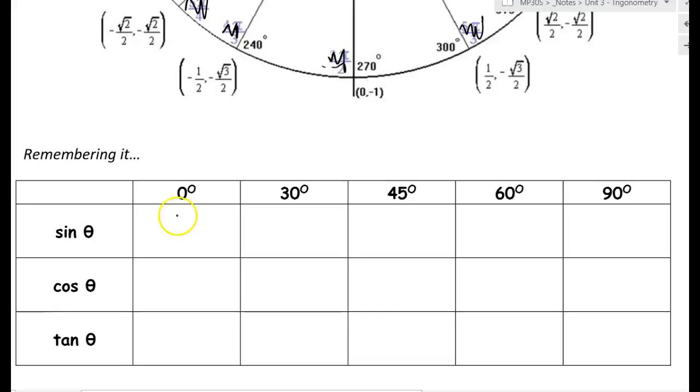So how I do it is I go 0, 1, 2, 3, 4. Everything is square rooted and then divided by 2. Well, the square root of 0 is 0. 0 divided by 2 is still 0. Square root of 1 is 1, so I'm going to be left with 1/2 here.